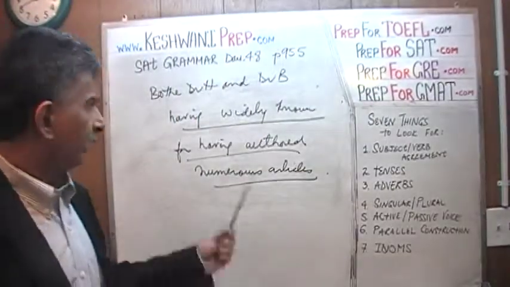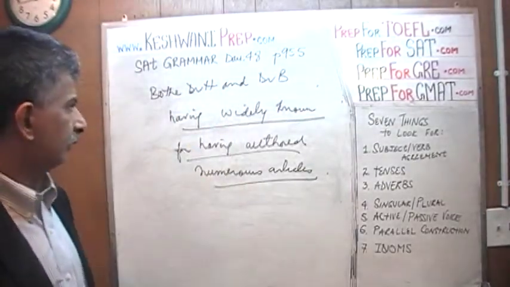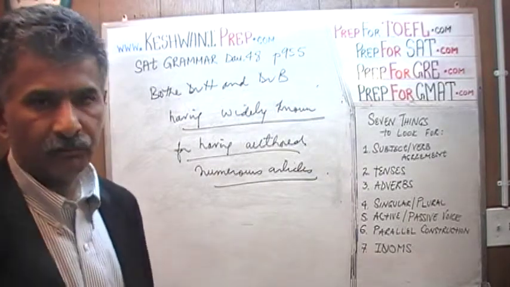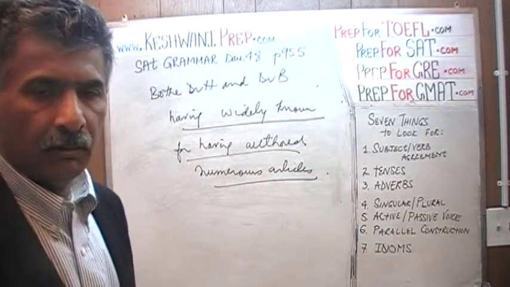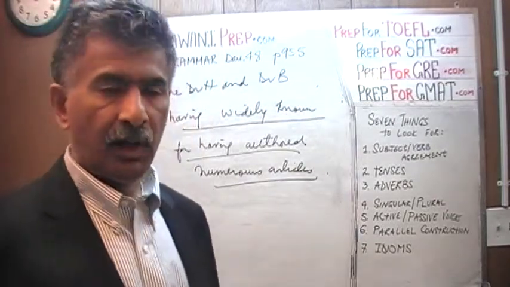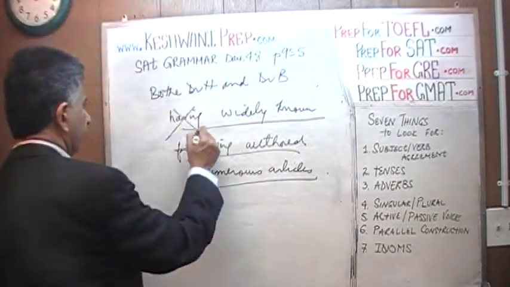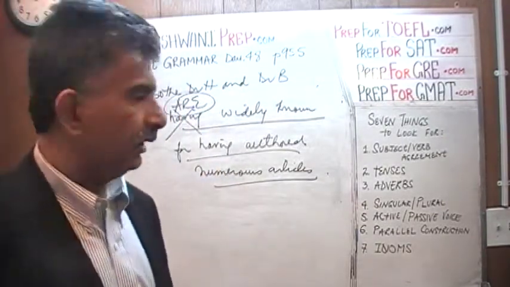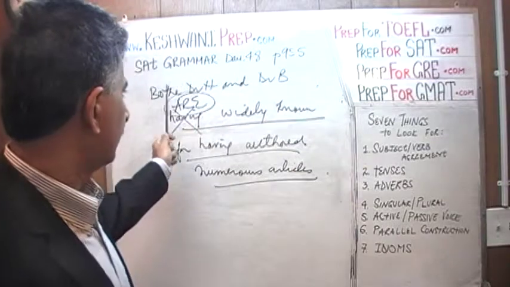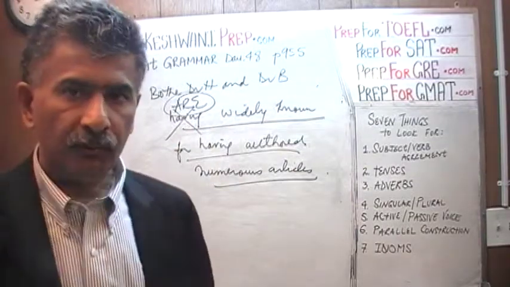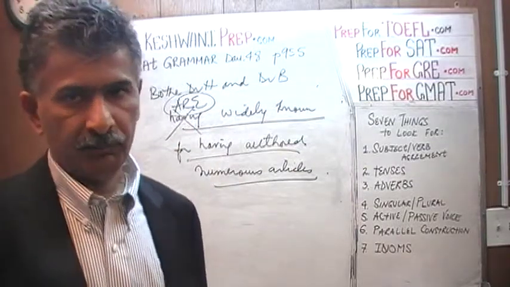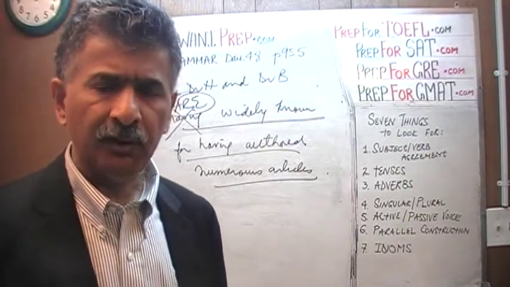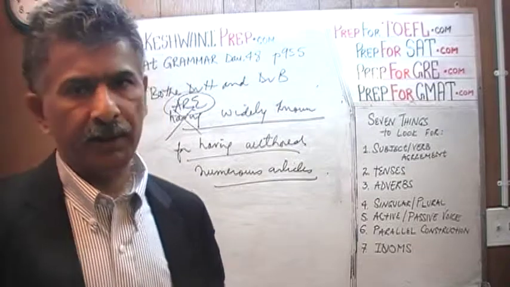Both Dr. Henderson and Dr. Ball, having widely known for having authored numerous articles, to which you will say, what the hell? Both Dr. Henderson and Dr. Ball are widely known, not having. Both of them are widely known for having written, or as they put it, for having authored many articles.